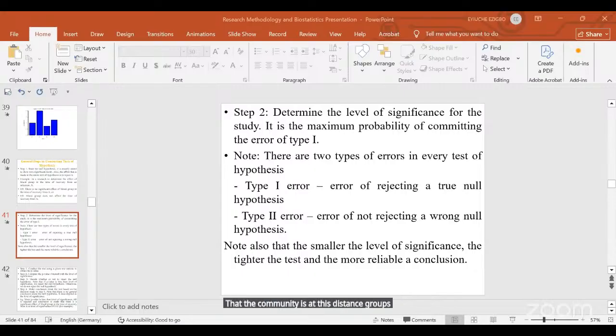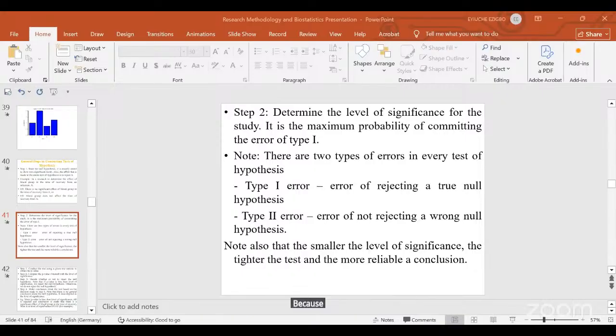But ordinarily, null hypothesis is not supposed to be accepted in a research. It is either you reject it or you don't reject it. Not rejecting it does not mean that you have accepted it. What does it mean? It means that you were not able to find sufficient evidence to reject it.